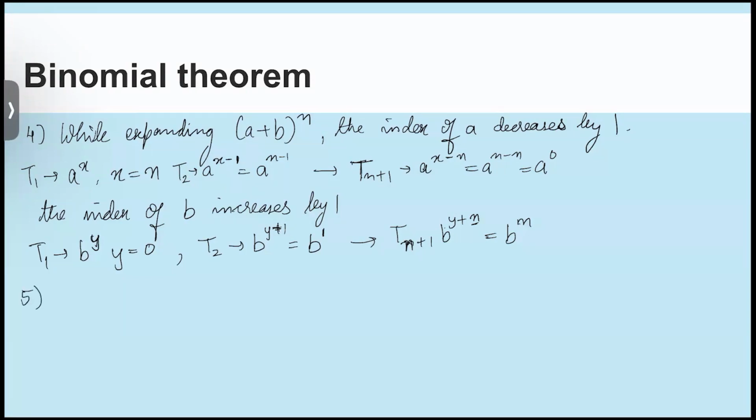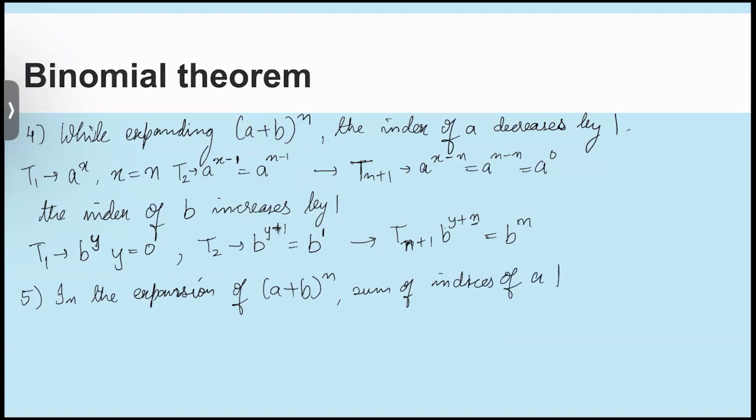And then the last one, this again we have seen before: in the expansion of (a plus b) the whole raised to n, the sum of indices of a and b should be n for all terms.